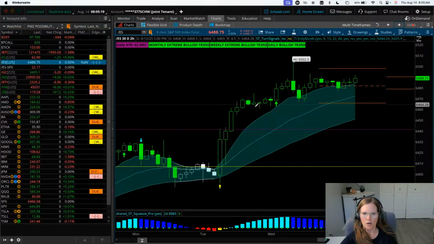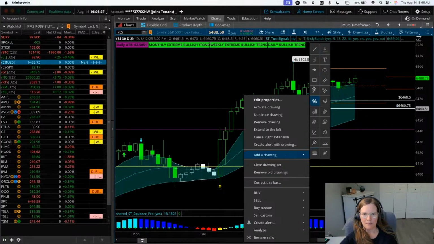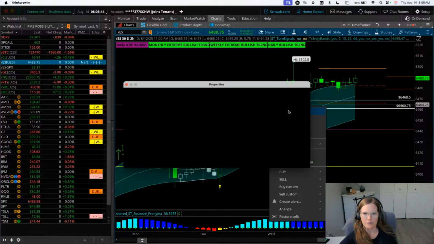Remember on that 4-hour chart, the inside and up candle formation that yesterday we came down to test? Well, you can see it here on the 2-hour chart as well. So that's the first area that I'm going to mark on this chart. Now, remember, yesterday we came down and tested this area, and fresh zones are best zones.